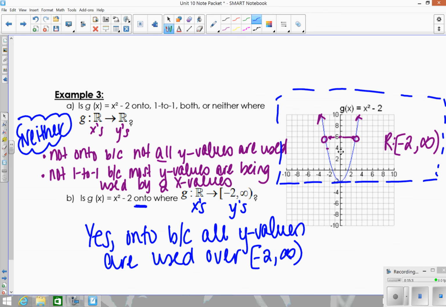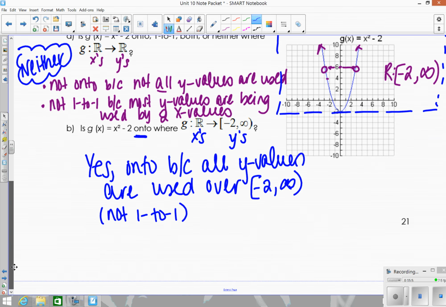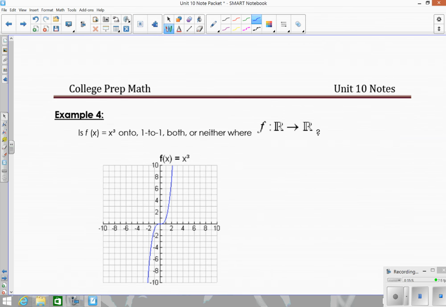In this case, I have two x values and I have 4 as a y value. So it's still not one-to-one. I'm just going to write that, not one-to-one. So that won't change that. Let's look at just a couple more of these and then that'll be it.